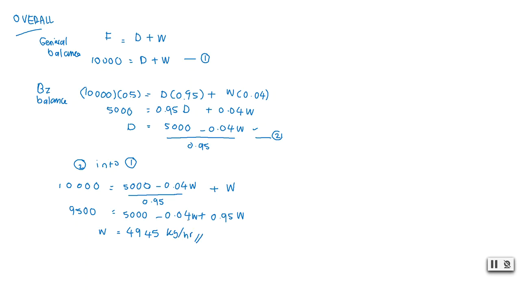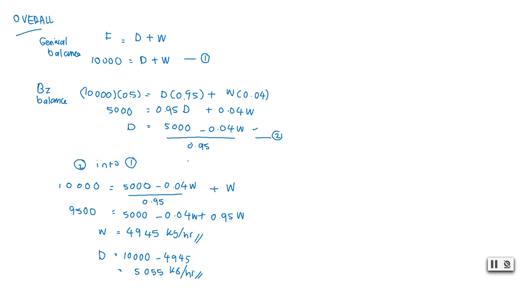If the unit is kg per hour, you need to put it there. But if the question asks you to change from kg per hour to another unit, you need to do the conversion. After we get W, we can also obtain D, which is 10,000 minus 4,945, equals 5,055 kg per hour.